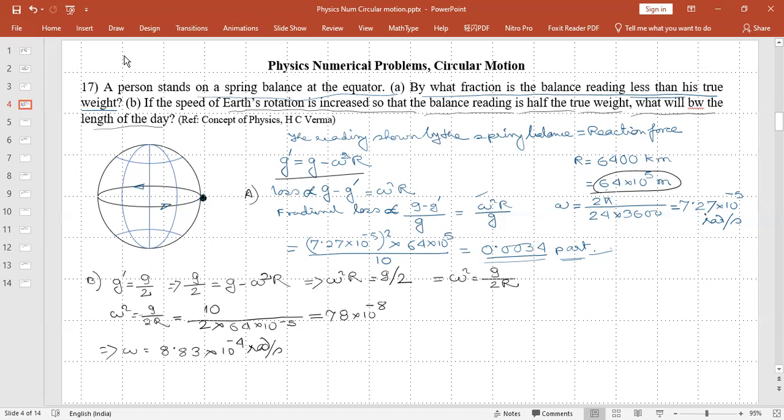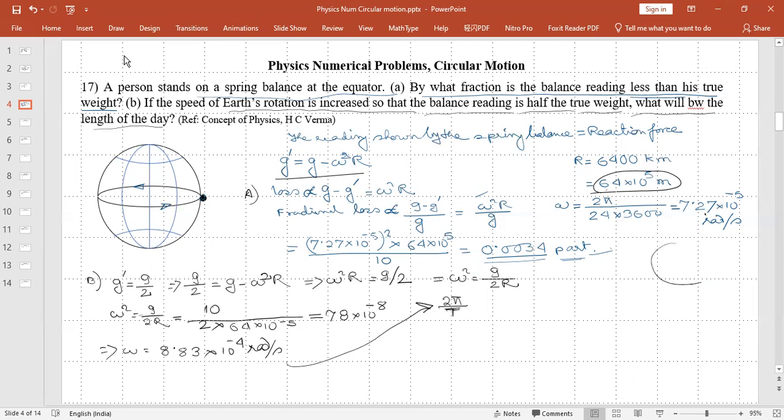Now, we just have to convert from omega to the rotational speed. Omega is 2 pi by the total time taken by the rotation, that means the day's length. Why?